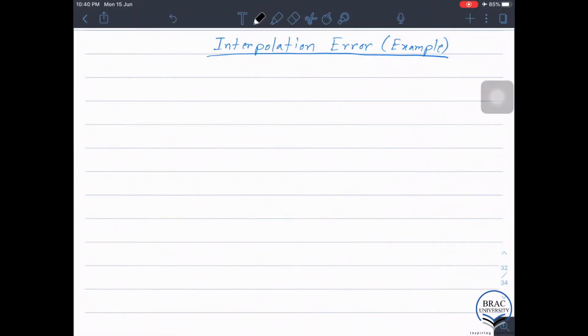Hello everyone, welcome back. So in the last video we talked about interpolation error and we found an explicit formula for it, which came from Cauchy's theorem. So let's write that down.